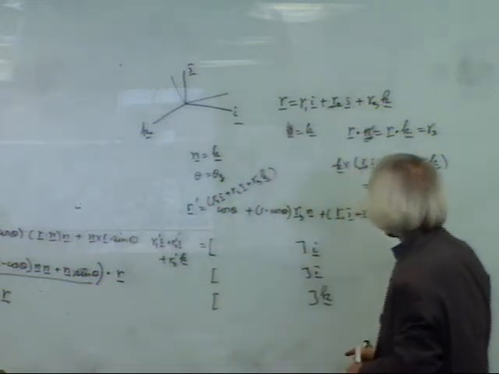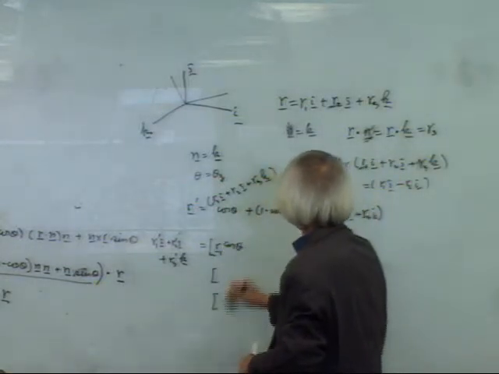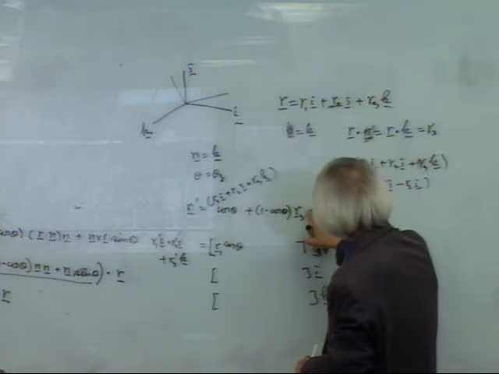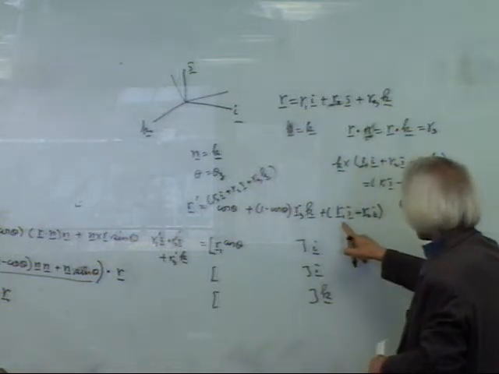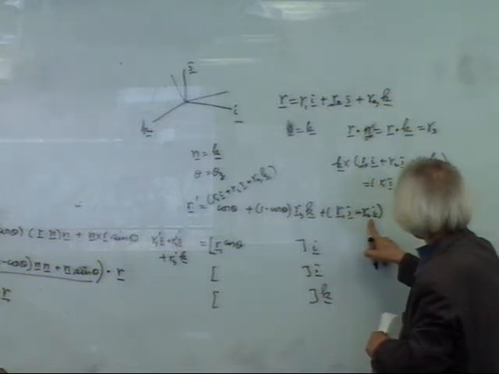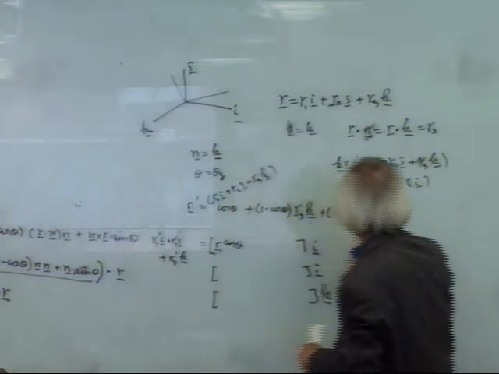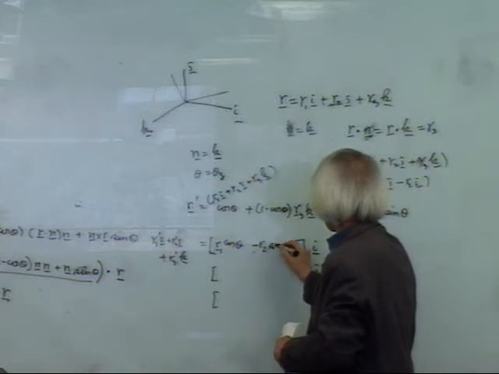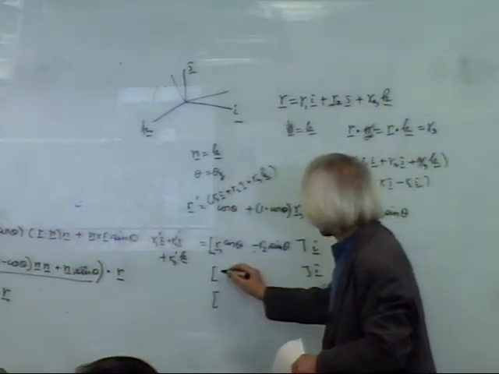So let's collect all the items. Items here is I: R1 cosine theta. There's no R1, but there's an N, meaning K here. There's no I. Then there's a R2, I forgot sine theta. There's a sine theta, okay? So there's a minus R2 sine theta. J, there's this J, okay?